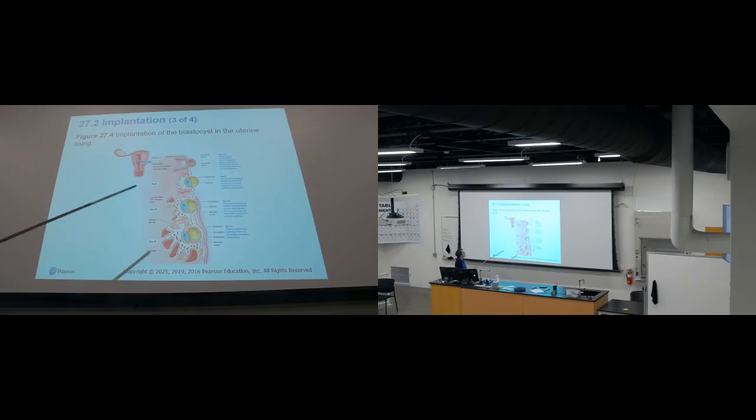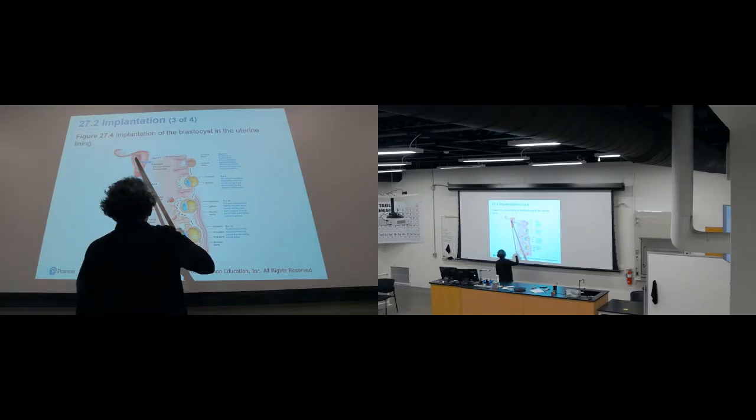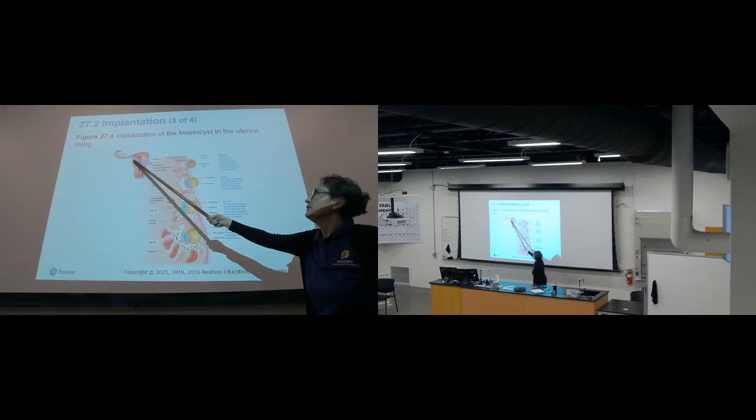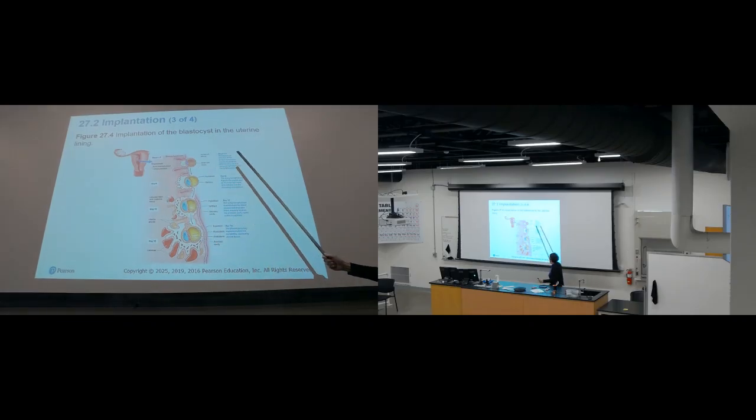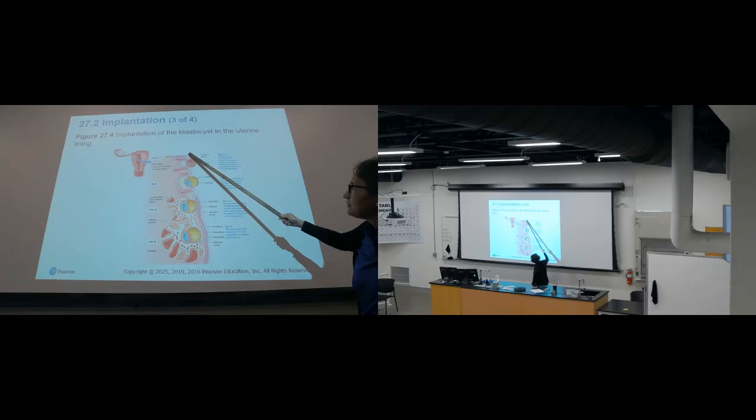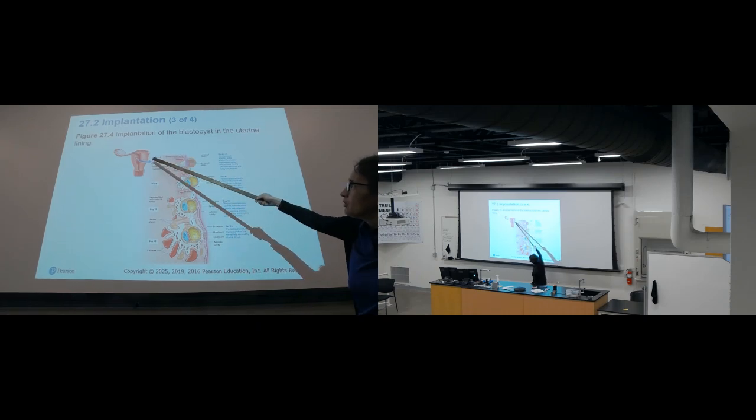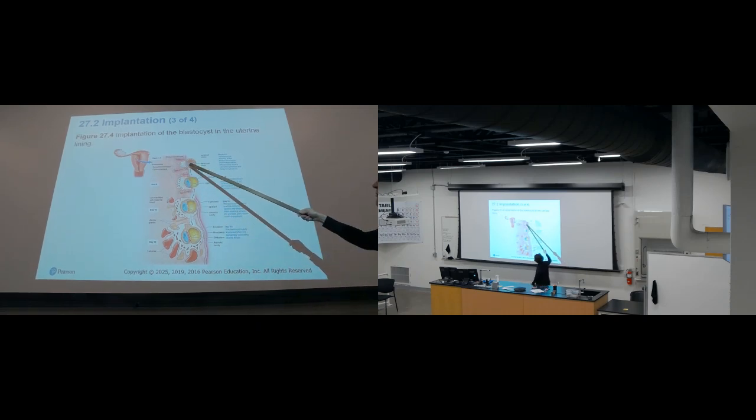So this is the blastocyst here, in the superior, posterior part of the uterine wall, hopefully, that's where it implants. This is the endometrium, this is called stratum functionalis. And then the inner cell mass again faces the uterine wall, so you magnify this part. This is day 7.